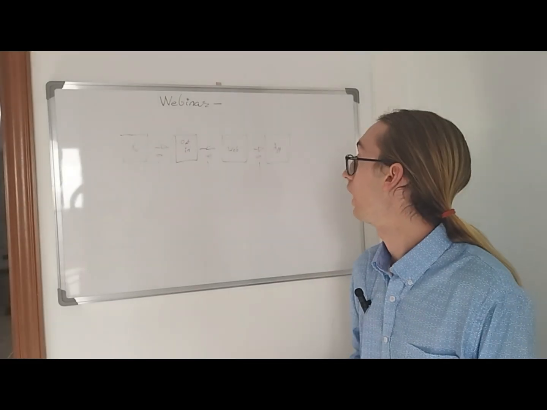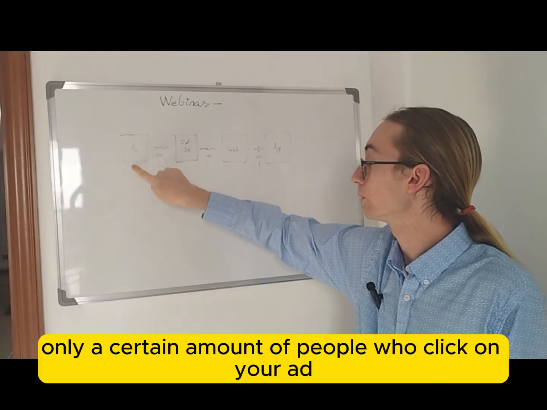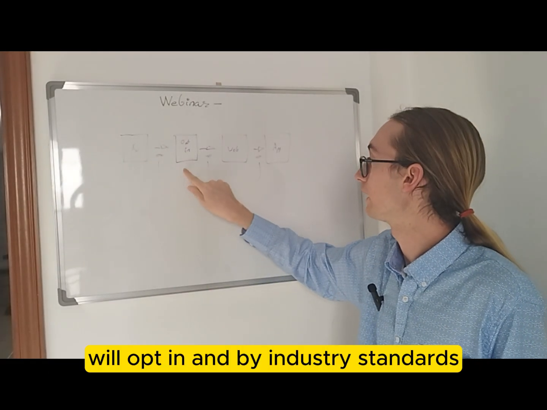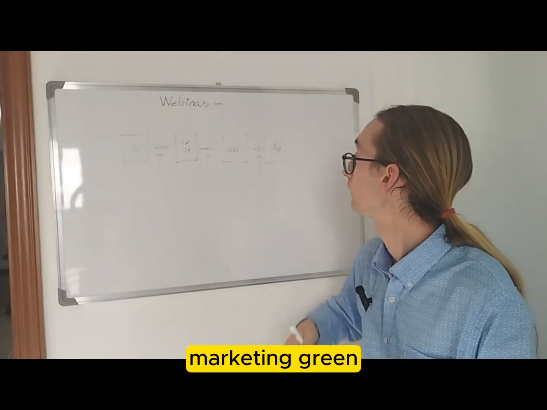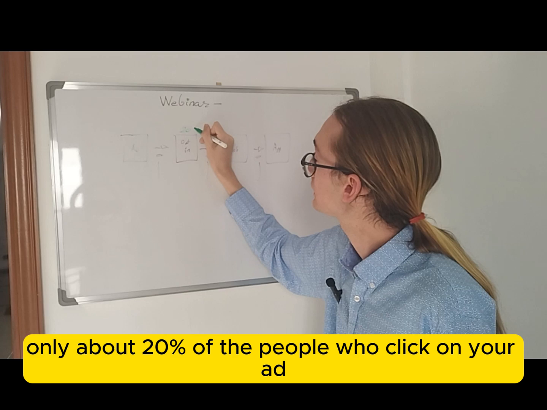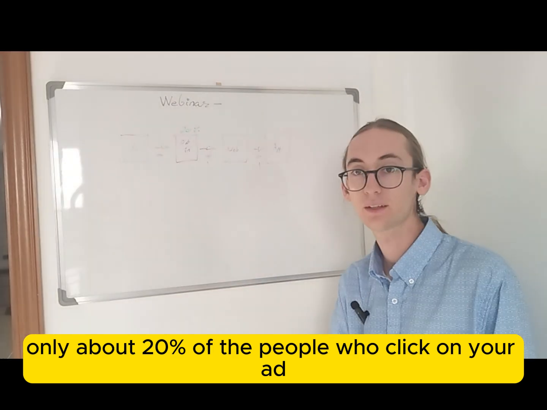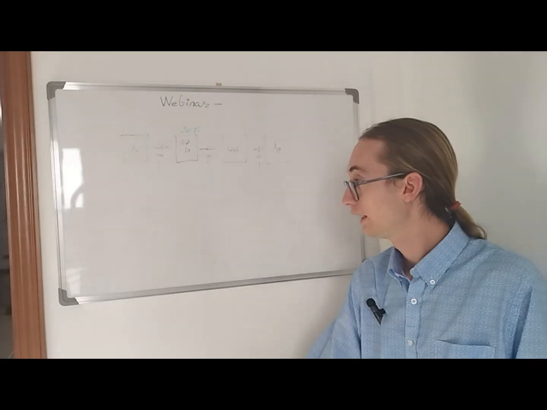For example, only a certain amount of people who click on your ad will opt in, and by industry standards, only about 20% of the people who click on your ad will opt in on this page.